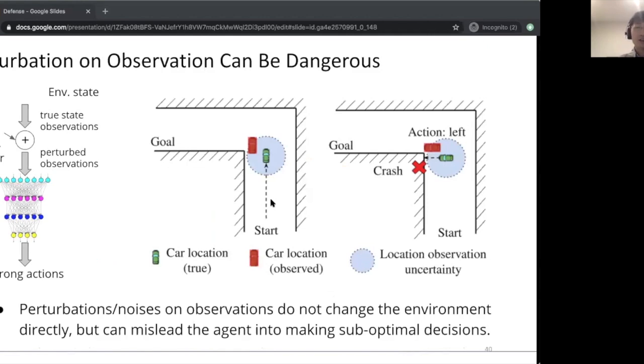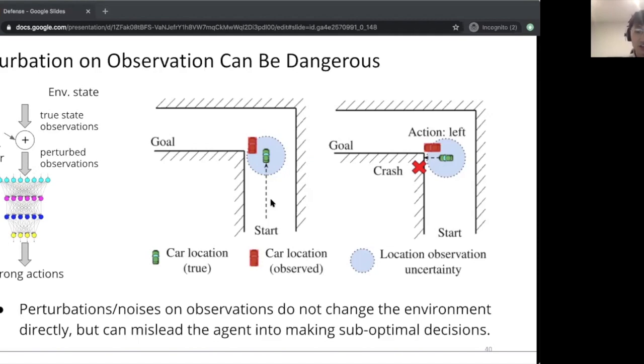All these attacks follow the same setting of perturbing state observations, where an attacker adds a small noise to what the agent observes, but it does not change the true state where the agent is. This wrong observation leads to wrong or suboptimal actions by the agent. For example, here we show a toy example of car navigation.